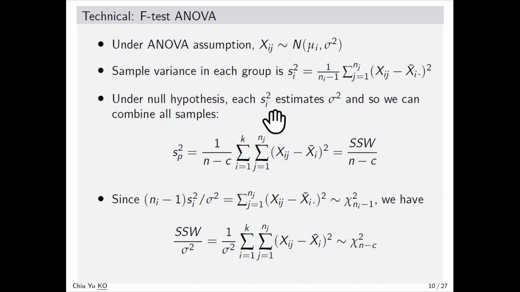Under the null, si squared estimates sigma squared. So we combine the samples of each group, basically pooling them, because each is independent, so you can sum up every group, divided by N minus C. That is SSW over N minus C.